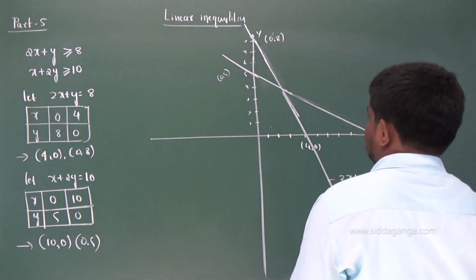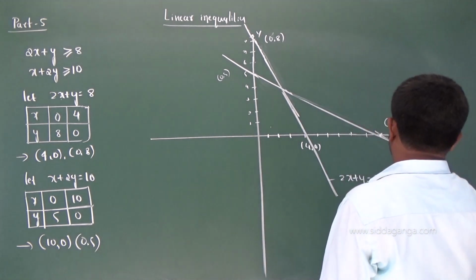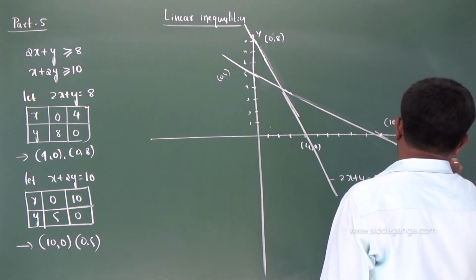This is your second line, x plus 2y is equal to 10.